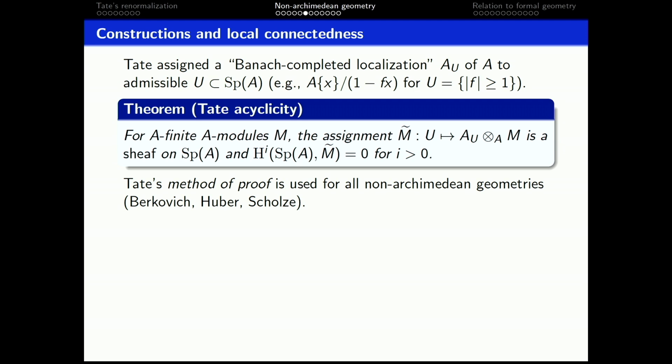And in some ways, what's almost more important than the result itself is the method of proof, because later there were other approaches to non-archimedean geometry introduced by Berkovich and then Huber, and then, refining Huber's approach, Scholze, with perfectoid spaces.